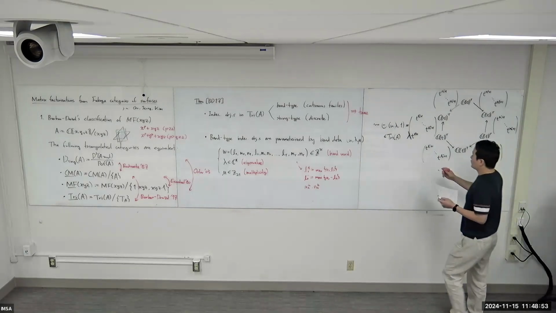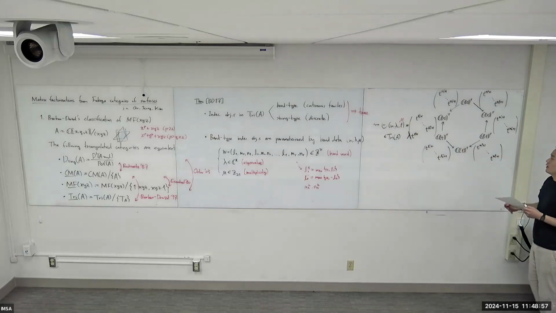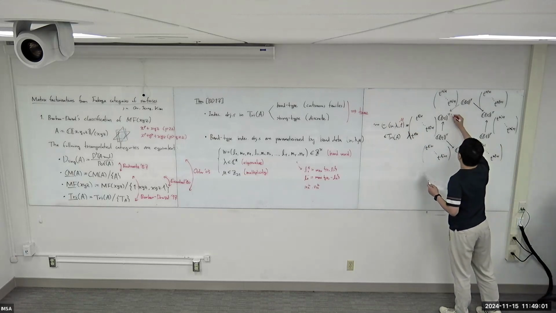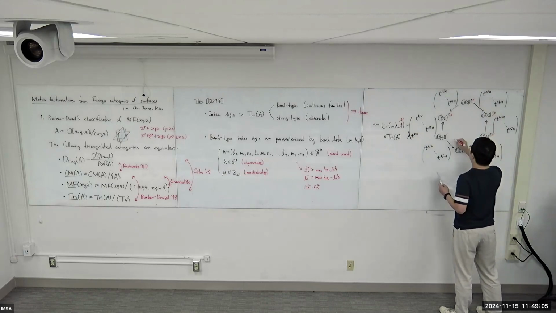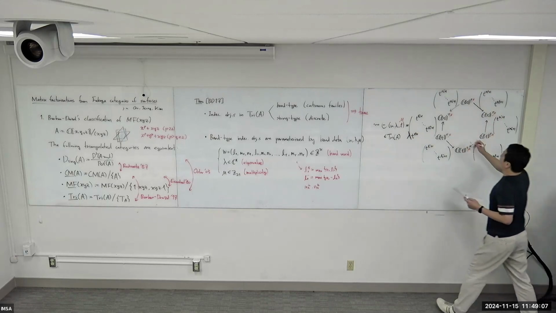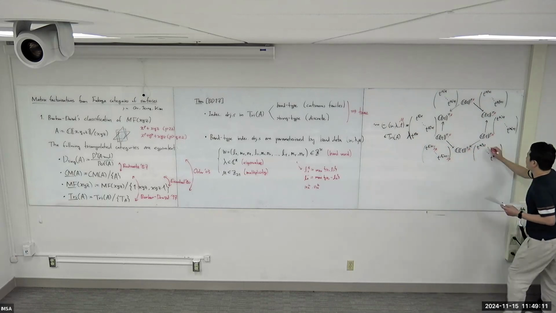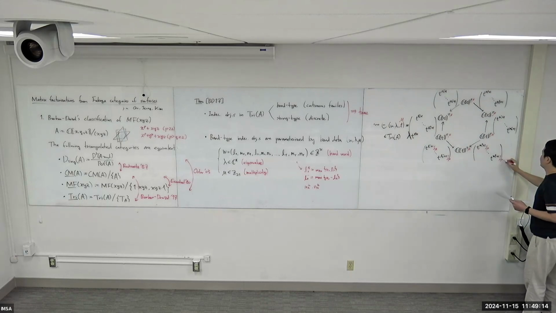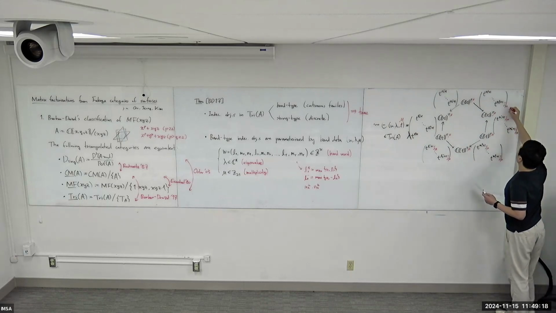And actually, for general mu, the matrix form is similar, but we make it bigger by changing it to tau mu by making some block diagonal matrix. Everywhere I insert the identity matrix of size mu.